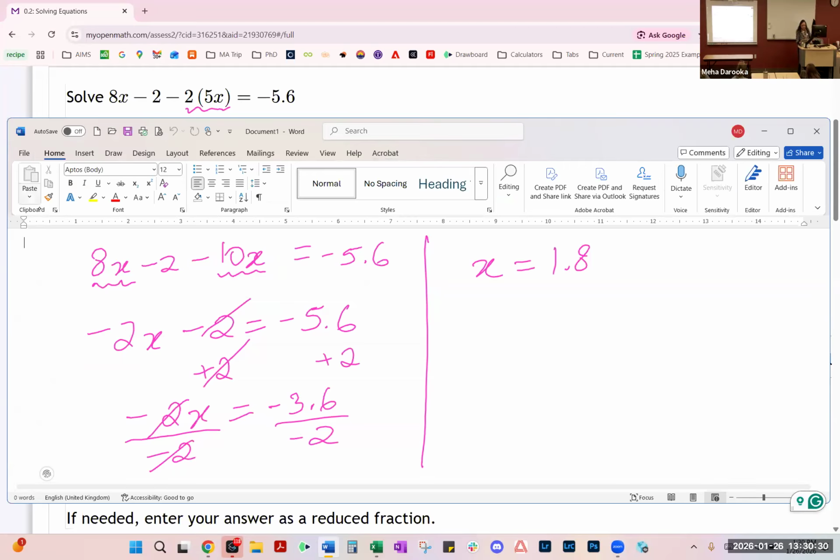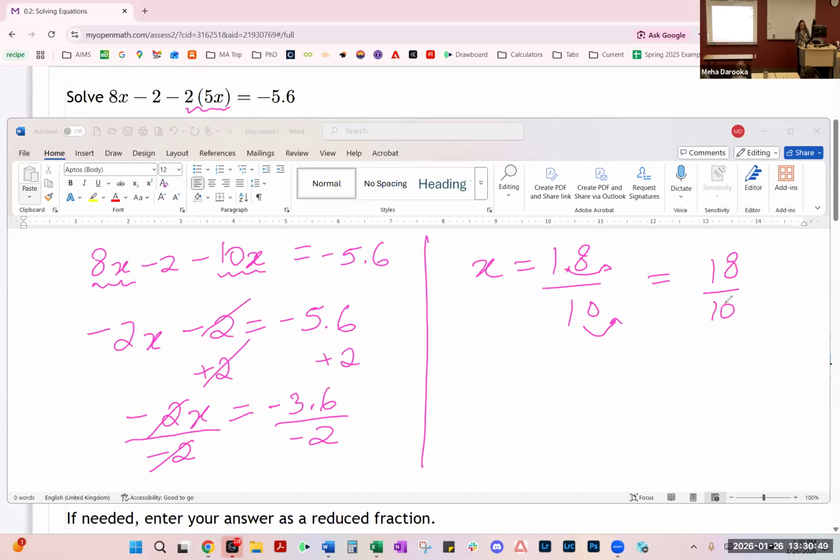So remember, any number can have a denominator of 1, right? So start out with that. But obviously, the idea is we need to get rid of the decimal. So you would need to move it one place to the right, which means you would do the same thing on the denominator, which means you would then introduce a 0. So 1.8 as a fraction will start out being 18 over 10, and then reduce that.